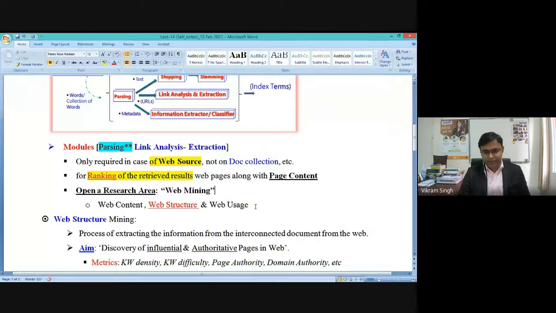So to take care of all these possible discussions or concepts in link structure analysis, there is a research domain widely called web mining. This is one of the prominent research areas nowadays, because a lot of issues are evolving on the web, right?